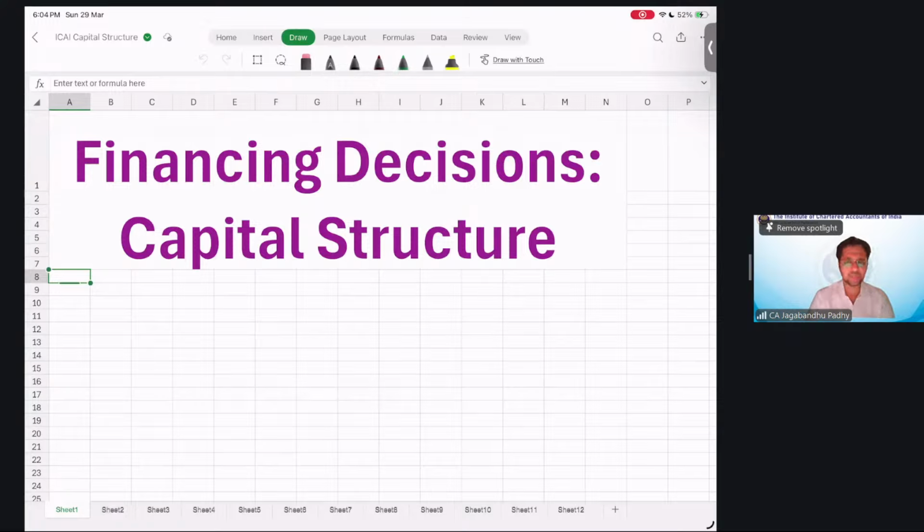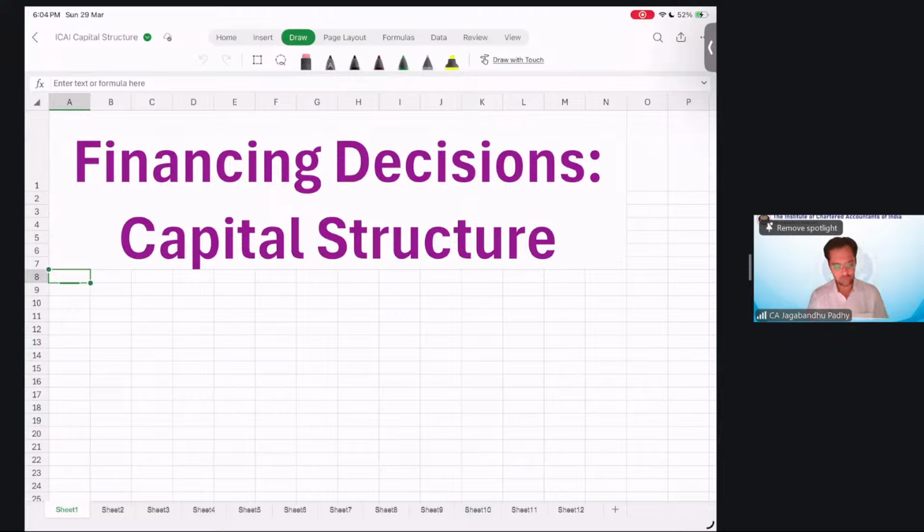As we all are aware, this topic can be broadly divided into two parts, one of which is about the capital structure problems, in which we try to obtain the best capital structure for a company based on the EPS or MPS. And the second part is about the capital structure theory.